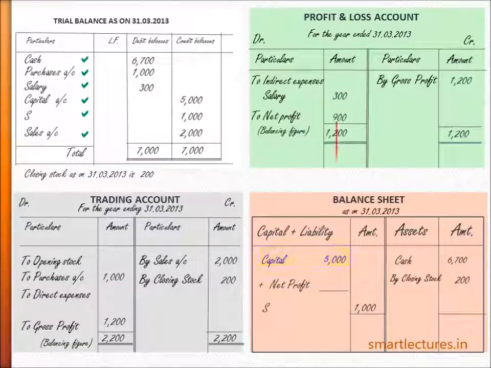Now add net profit in the inner column 900. This profit has been taken to profit and loss account. So total 5900 in the outer column, and S is already there 1000. So total 6900 on both sides. Our balance sheet is agreed, means the totals on both sides are equal. It means the question is perfectly all right.